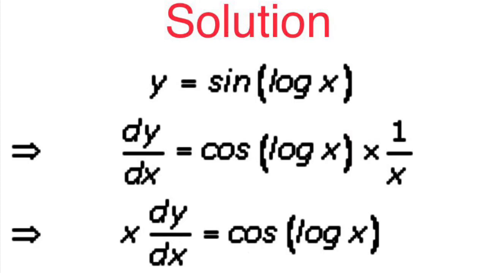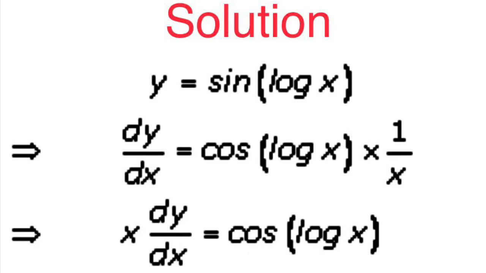Since y equals to sine of log of x, in this, log x is acting as a box. So when we differentiate it with respect to x, we will get dy upon dx equals to the derivative of sine of log x, which will be cos of log x into the derivative of log x, which is 1 upon x.